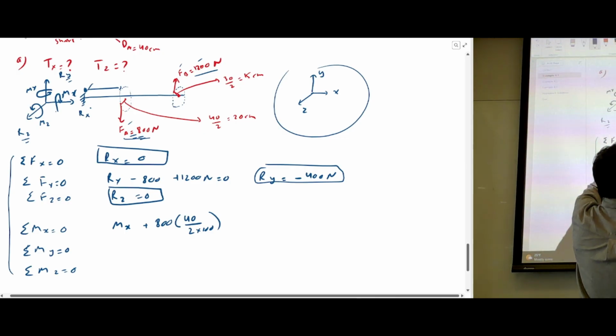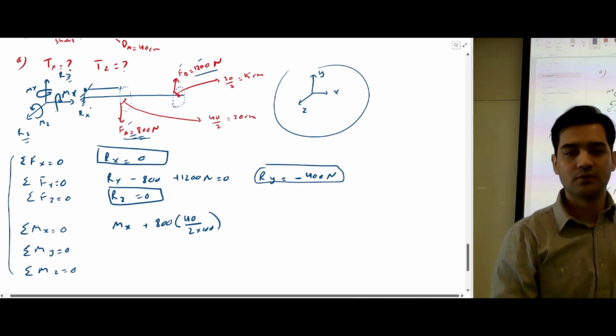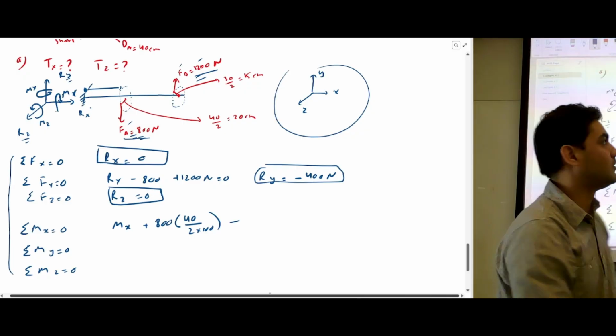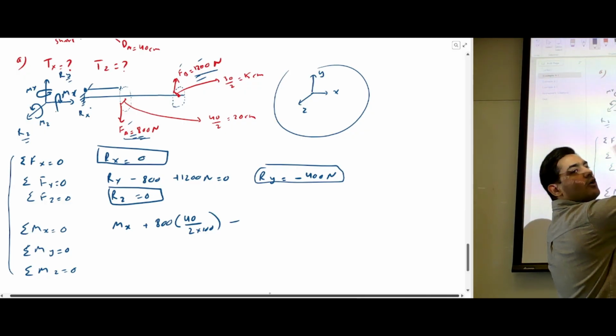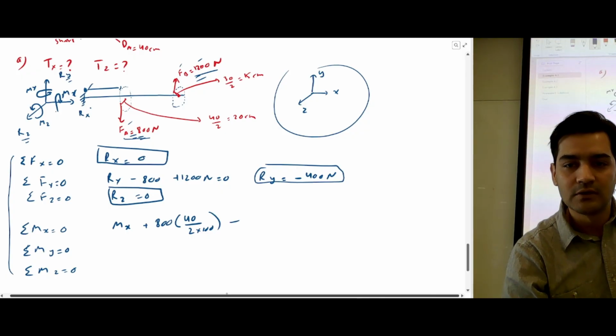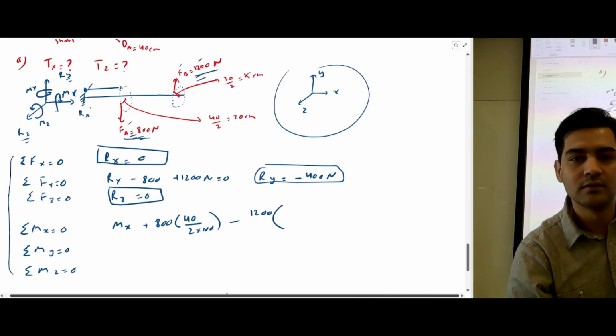In this case, the force is going to twist the system along x-axis. So that's the moment arm. The moment arm is 40 by 2. And then for this force, it's going to be negative because the thumb will point opposite to the axis we have considered positive. So you're going to have 1200.